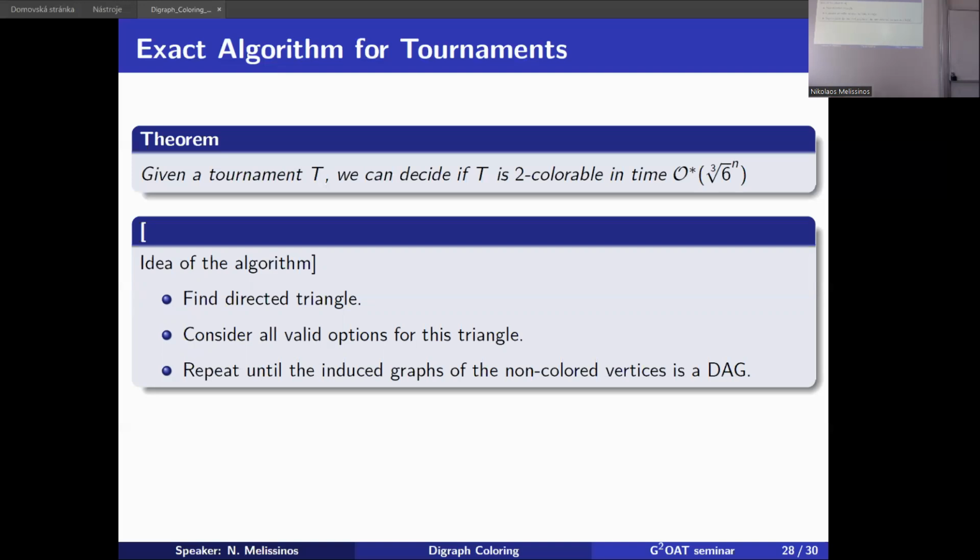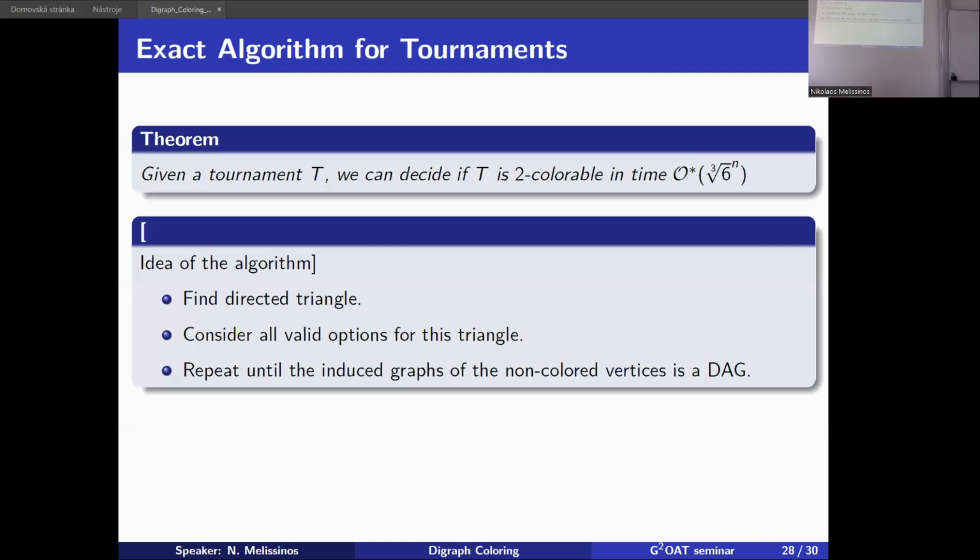You have 8 possible colorings, but you need to remove the colorings that are monochromatic. So it's 6 instead of 8. So this gives us this running time, and this is interesting mostly because we didn't know if we can actually do coloring in less than 2 to the power of n time.